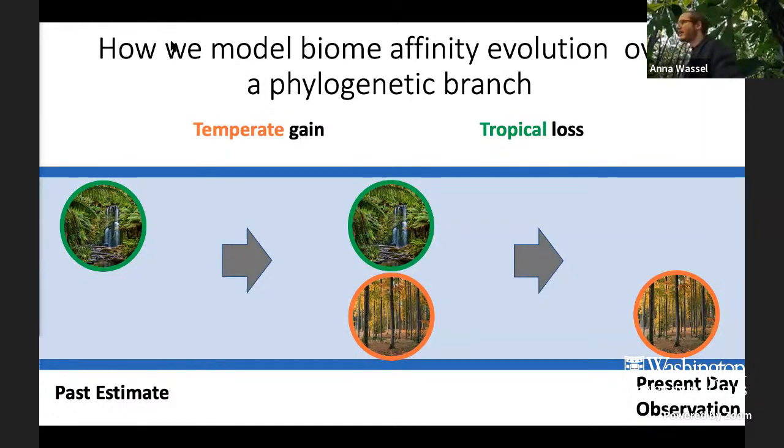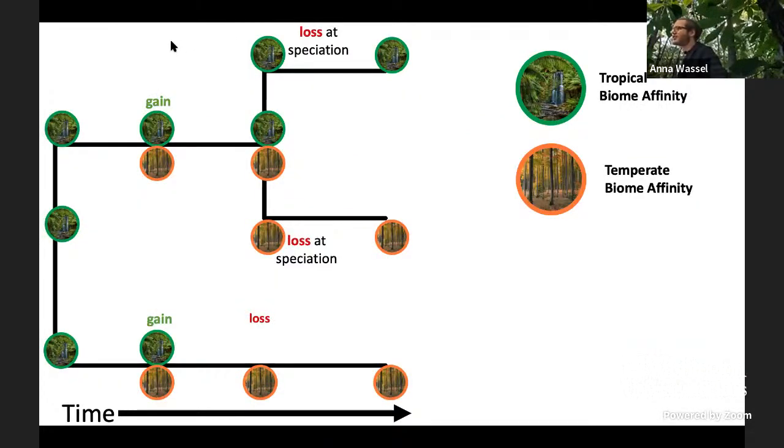This is a simple example over just a single branch, and this shows what it looks like over a very small phylogeny. We show a stochastic map here, where we're showing a series of events of gains and losses of different biomes. Most notably at speciation, we often try to account for asymmetrical inheritance of biomes, where one daughter lineage may only get one biome affinity and another daughter lineage will get the other.